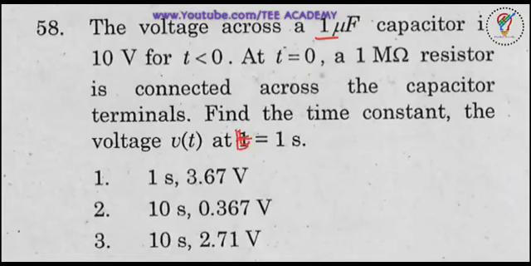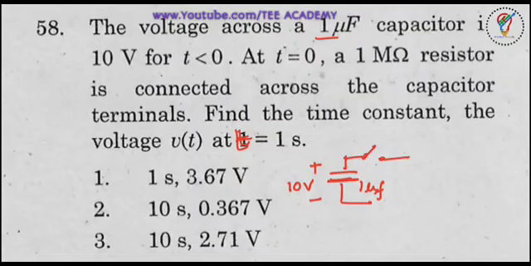First, the voltage across the 1 microfarad capacitor is given. Let me draw a capacitor. The voltage across it is 10 volts, and the capacitance is 1 microfarad at t equal to 0, when the switch is in open condition. Now a 1 mega ohm resistor is connected across the capacitor terminals.